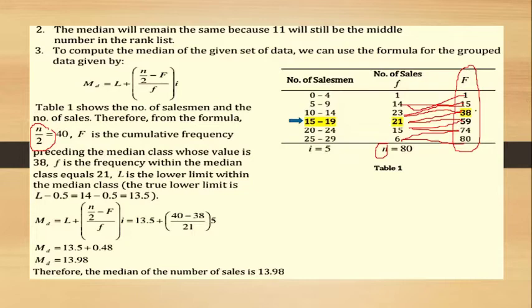So, we have here the 38. Only 38 is possible, because 59 already exceeds 40.